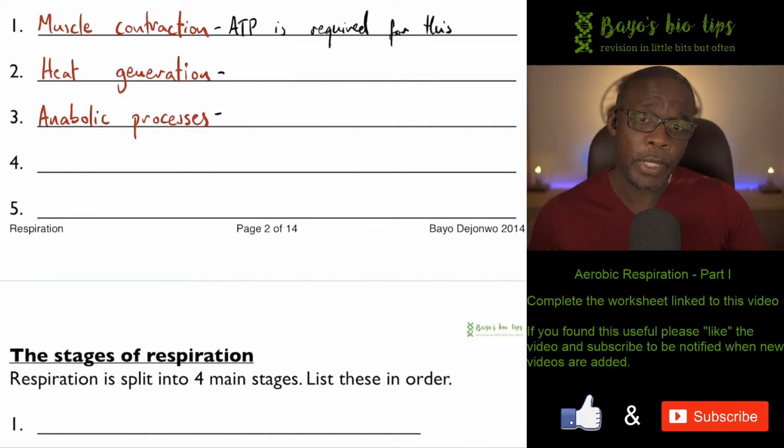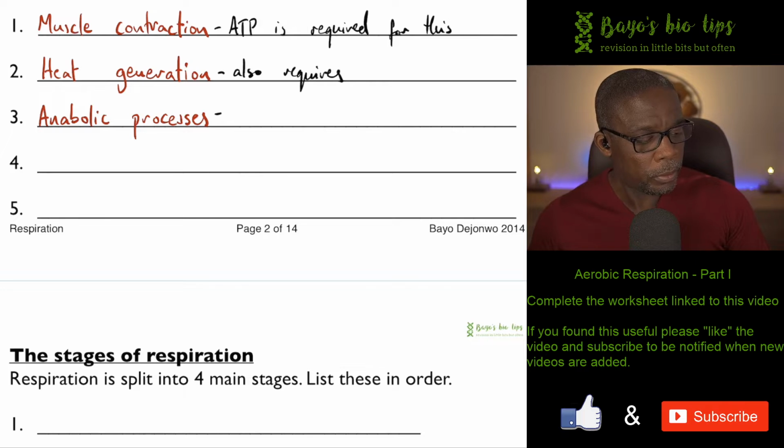Okay, and then heat generation is another use of energy in cells and tissues. So that also requires ATP.